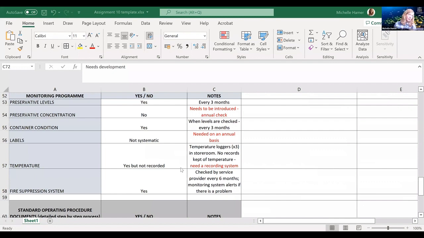So measuring the concentration can be very time consuming, especially if it's a big collection. So you wouldn't actually check the whole collection every 3 months for concentration.